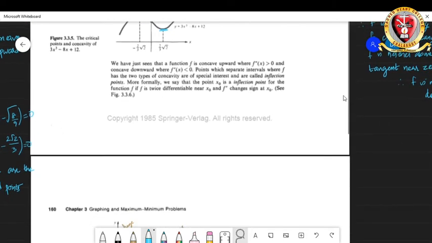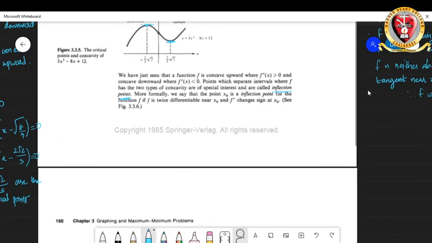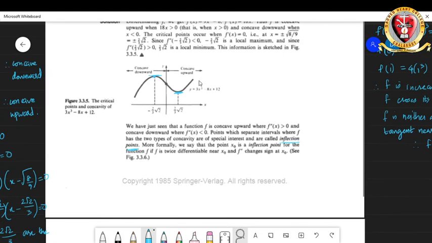So the next topic is called inflection points. Here in this example, which we have arrived at after our calculations, you can see that the function is going up like this and then it is going to go down, right?